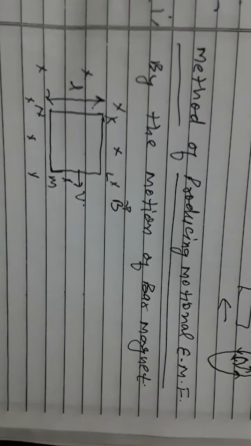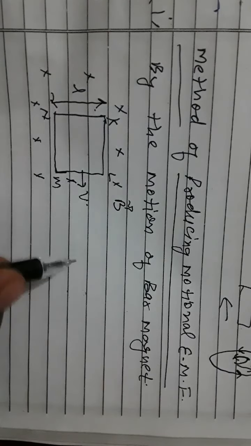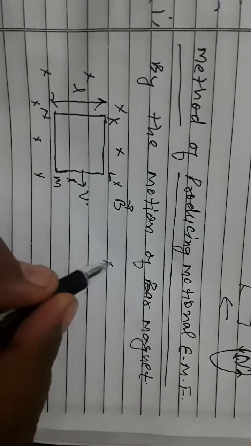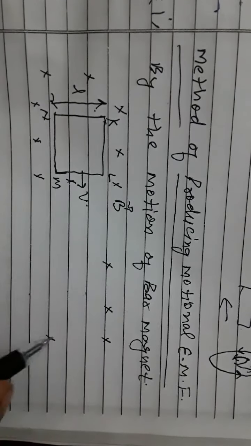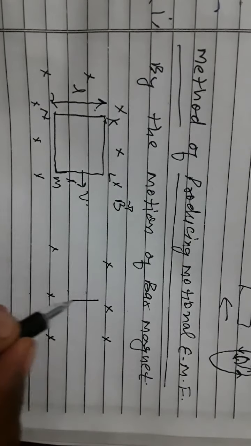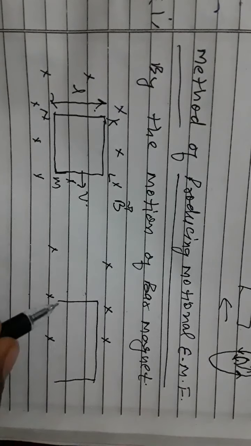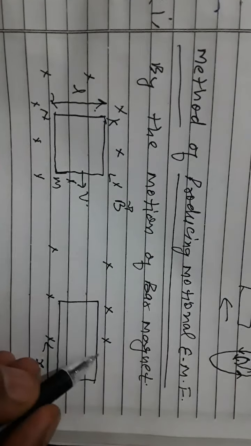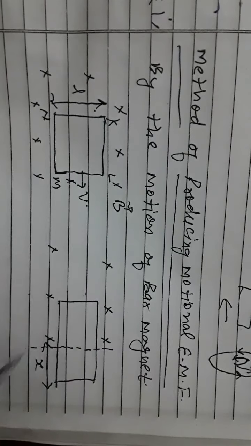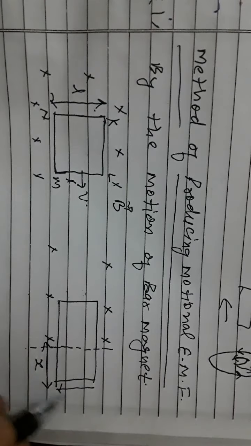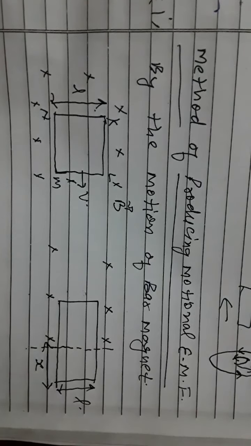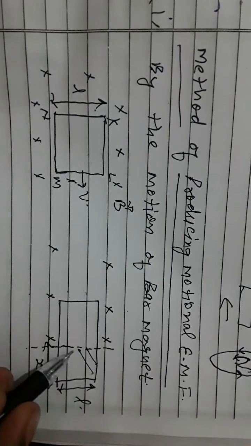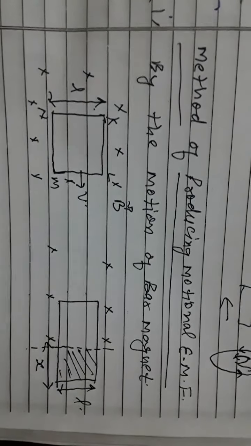Now the coil is moving outward from the magnetic field. This is the breadth x which is coming out of the magnetic field, and this is length L, so this is the area which is coming out of the magnetic field.